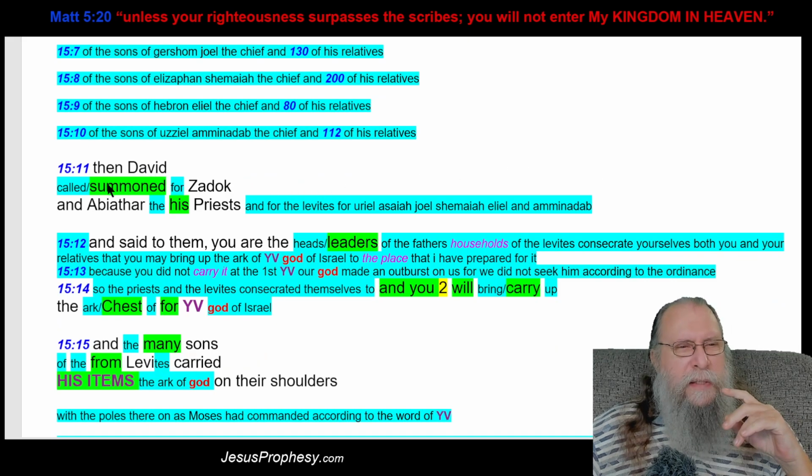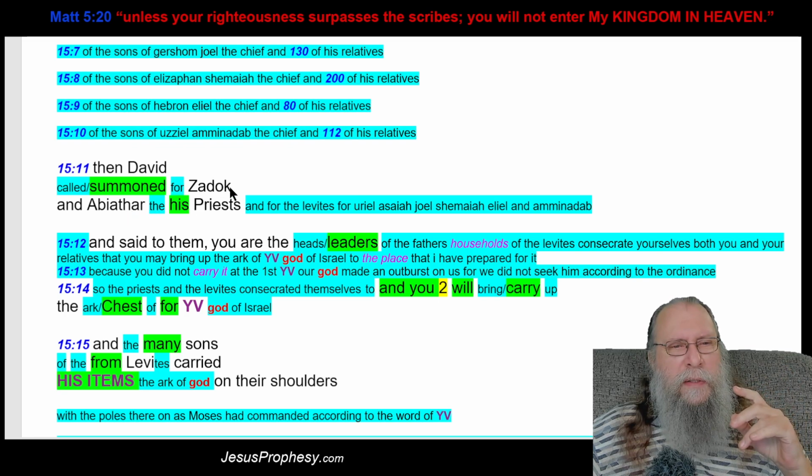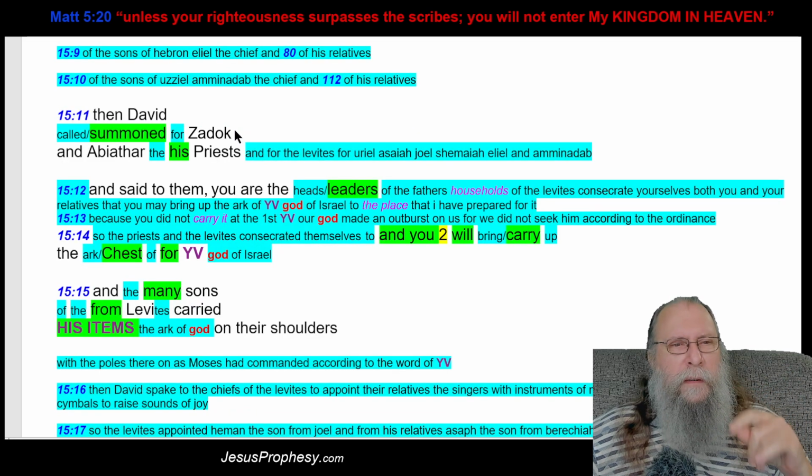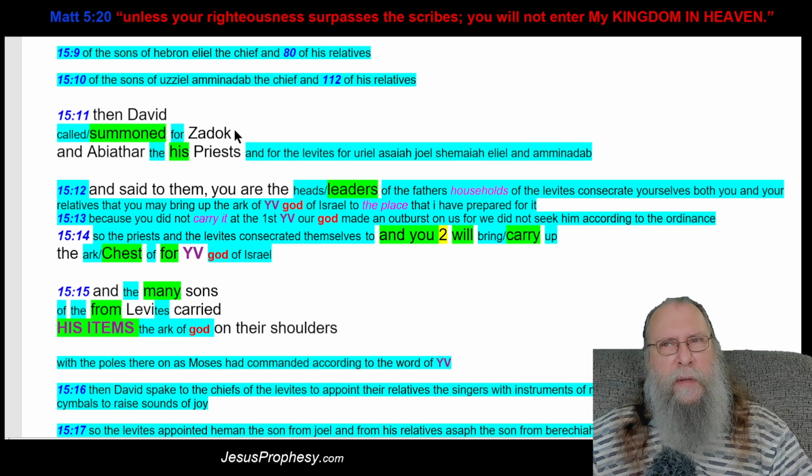David being a king, he summons people, and these are the priests at this time. And I don't know if they had fallen away from our Creator at Shiloh.